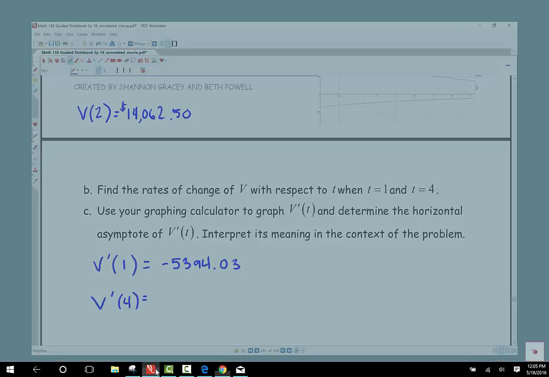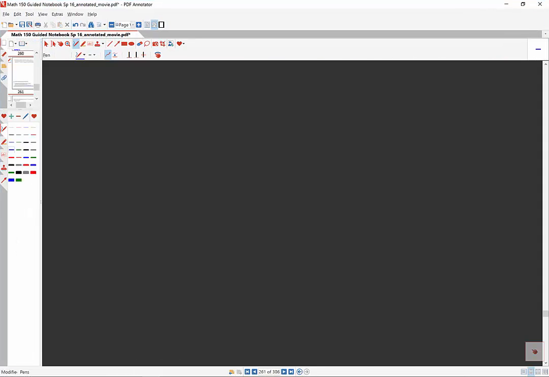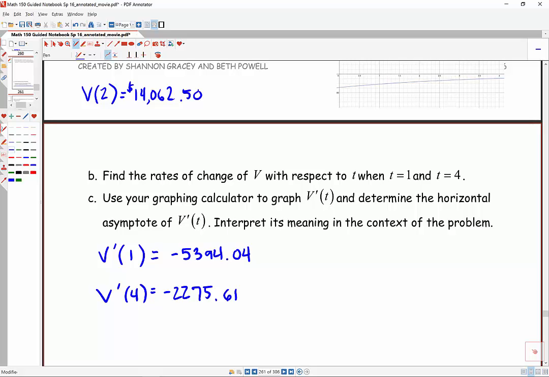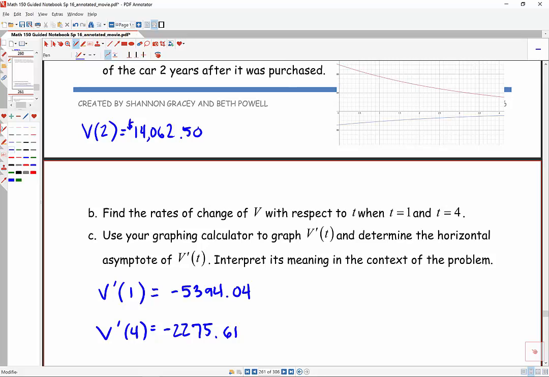here we go. We already graphed v prime at t, right? And if you look over here, remember v prime at t was this graph here, okay? And so what would you say the horizontal asymptote for that graph is, right?